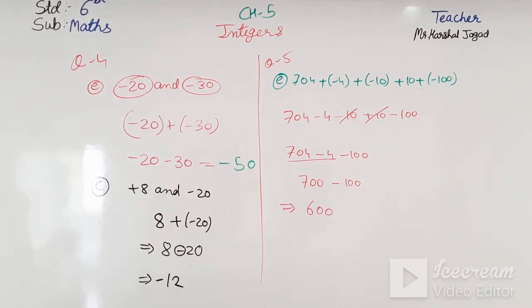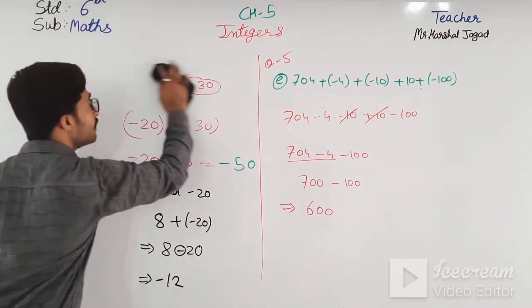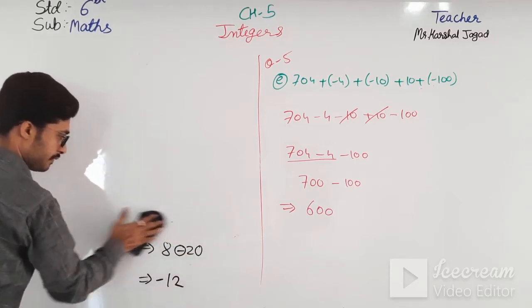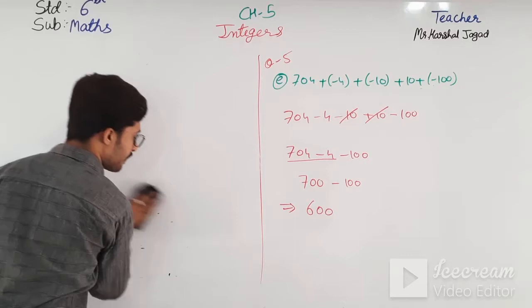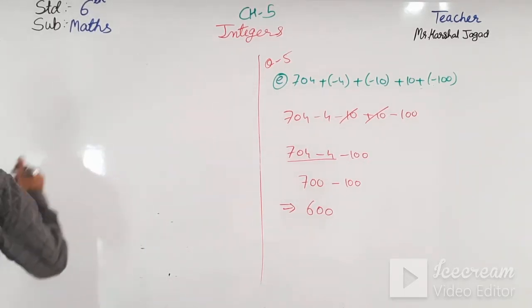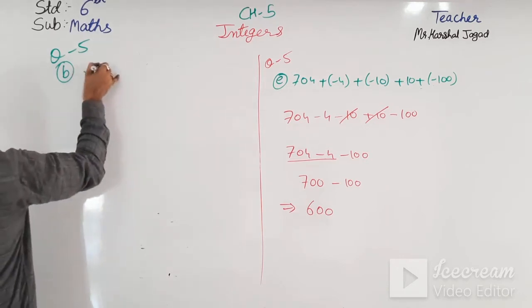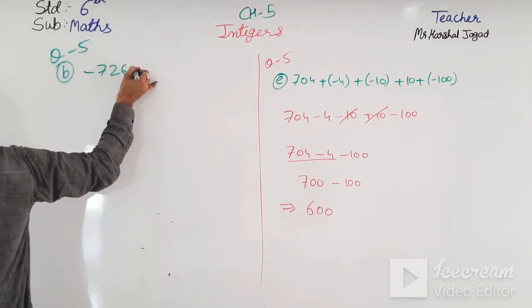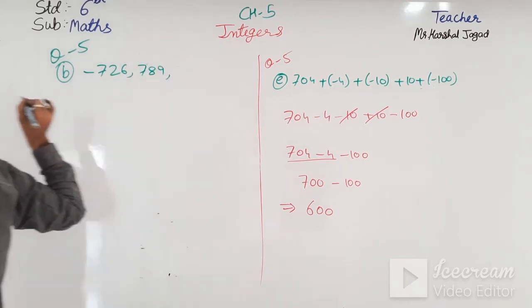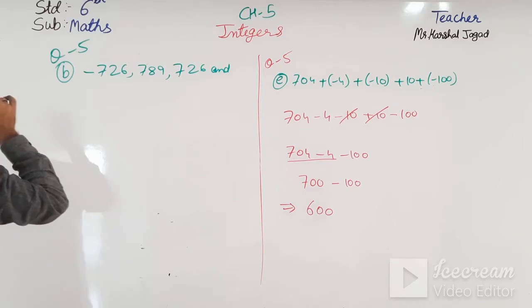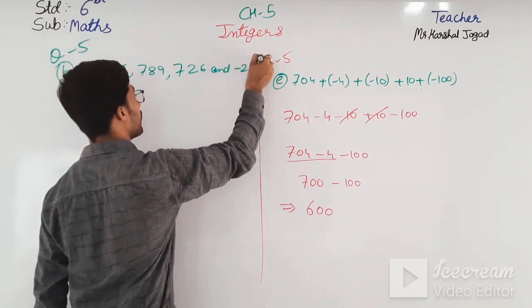Then we will go to the B. So B is exercise 5B, question 5B, that is minus 726, 789, 726 and minus 236.